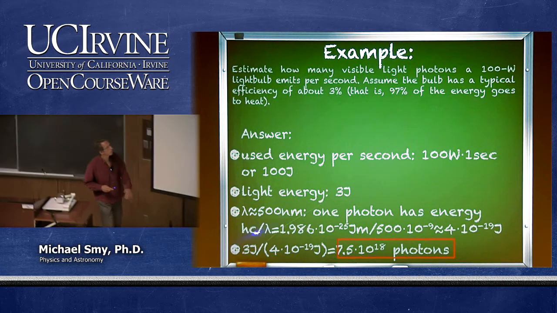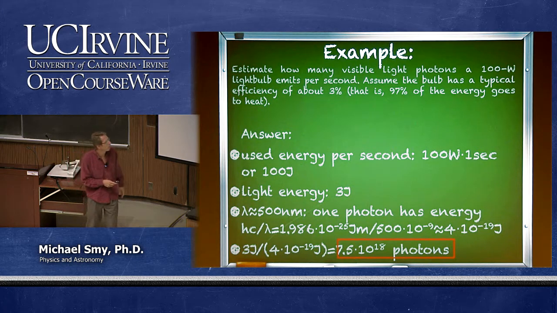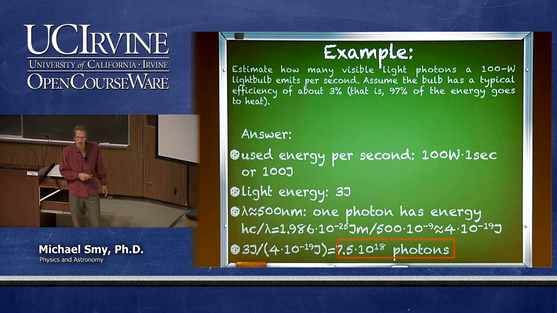So we first observe that the energy that is used up every second, or that is coming from the wall plug, is 100 watts times 1 second, or 100 joule. And since we have a 97% inefficiency or a 3% efficiency, that means only 3 joules out of those 100 joules actually goes into visible light.